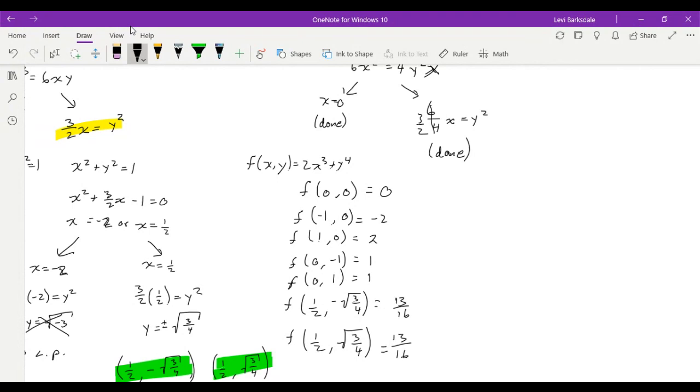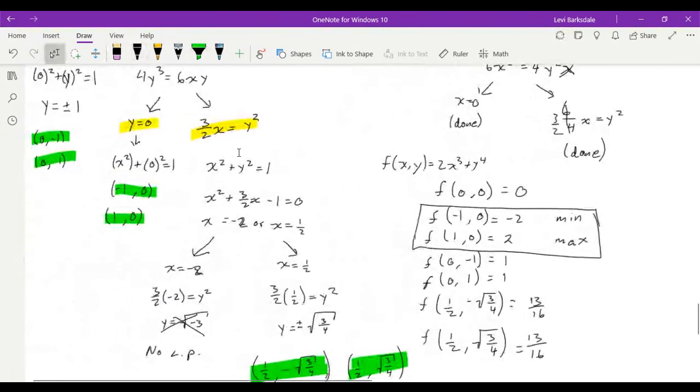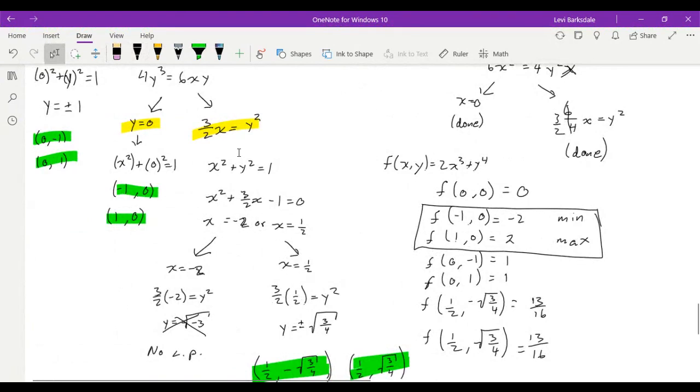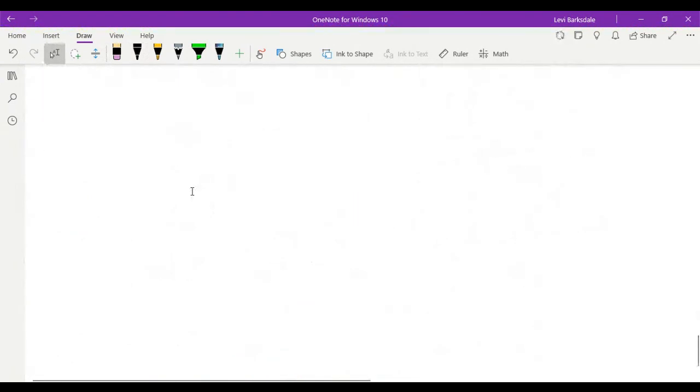Here we can clearly see that -2 is the minimum value and +2 is the maximum value. So that would be our final result. It can get fairly messy, but if you stay organized, you'll end up getting the right result.